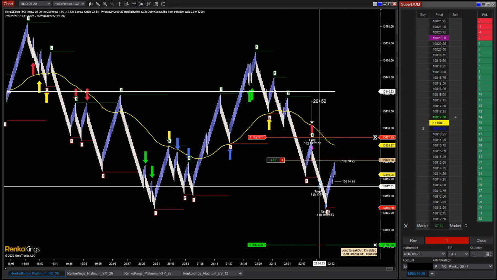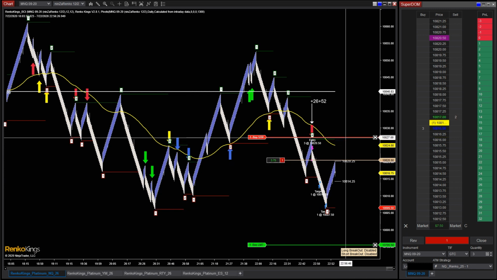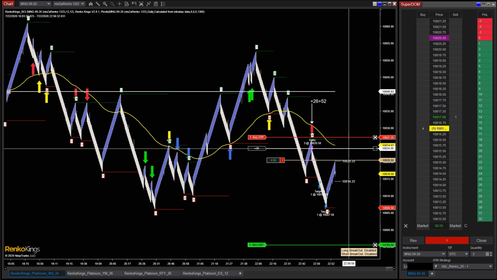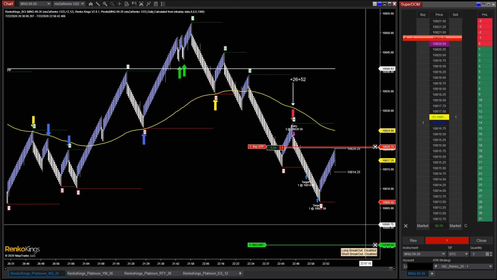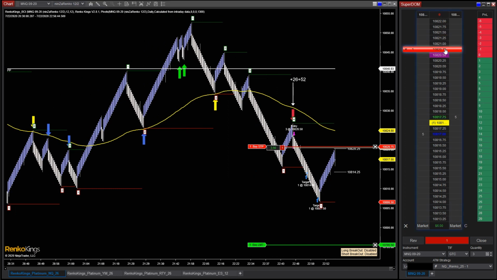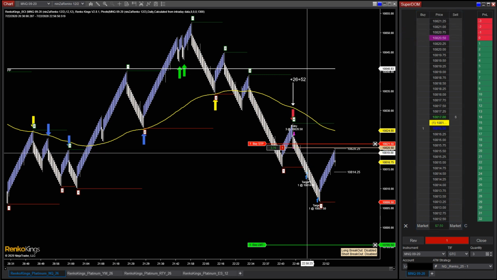Well, this pivot point down here is really about at this low, so I'm actually gonna bring this stop down, maybe just a few ticks above this wick right here. I'm going to bring it a tick above it, and that's all I'm going to give it.